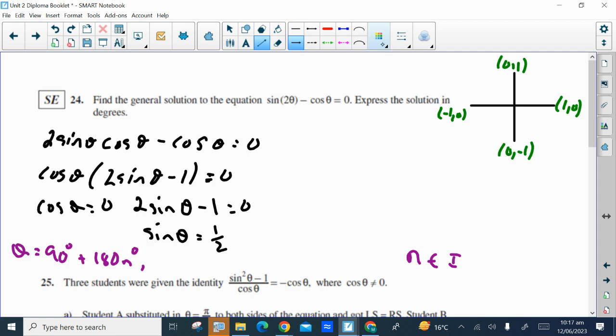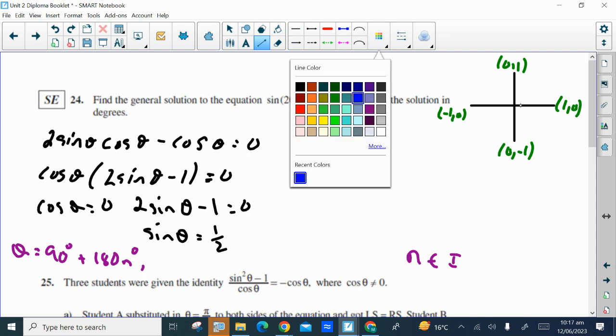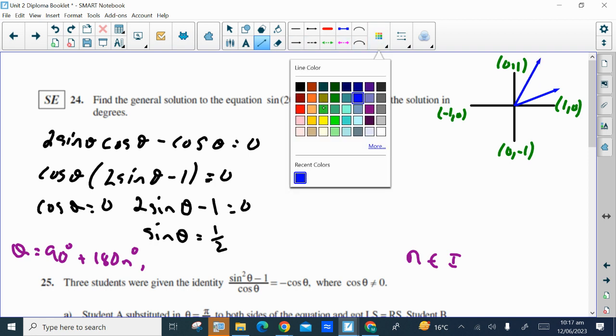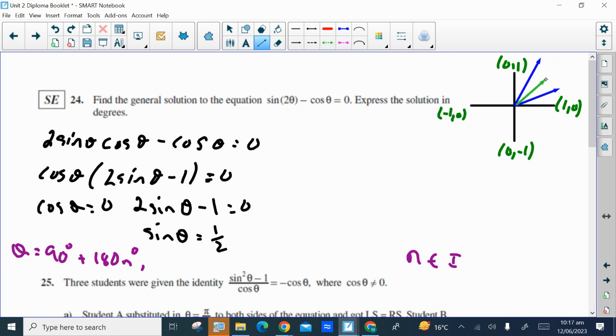So if we start building the first quadrant of the unit circle, that first stop is pi on 6.